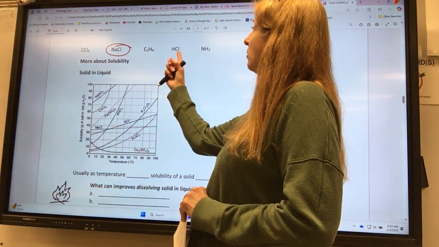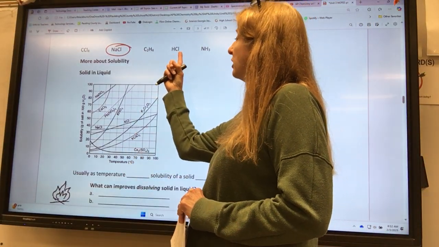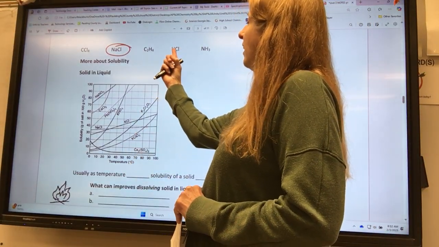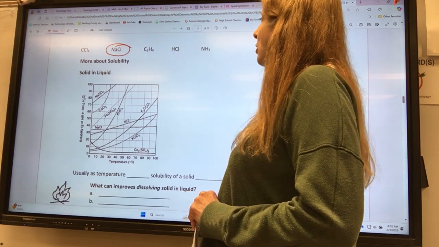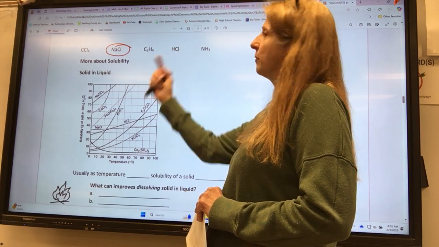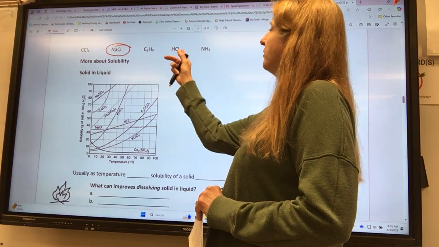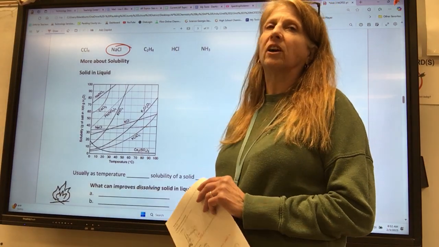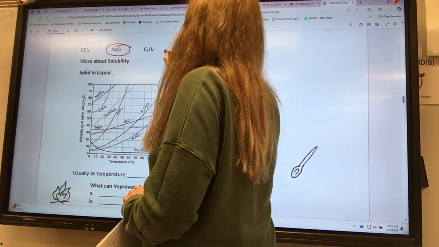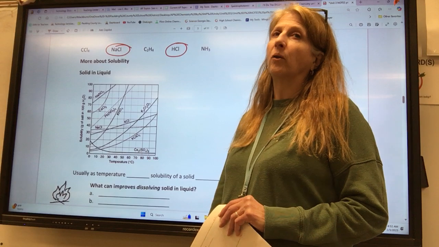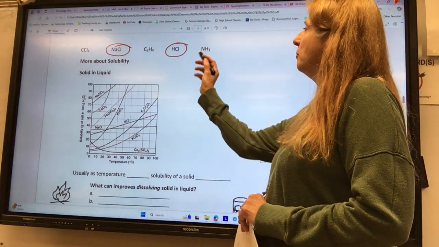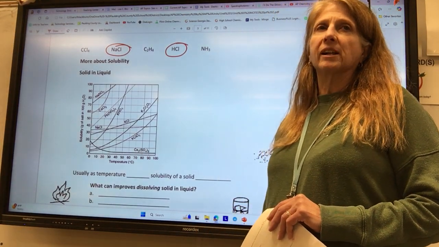It's very polar, isn't it? That chlorine is extremely electronegative. It's going to be stealing the electron pair from the hydrogen, making it positive on this side, negative on that side. So is it going to dissolve? Yes. Like dissolves like. We're looking for polar things. That's very polar. Ammonia, NH3.